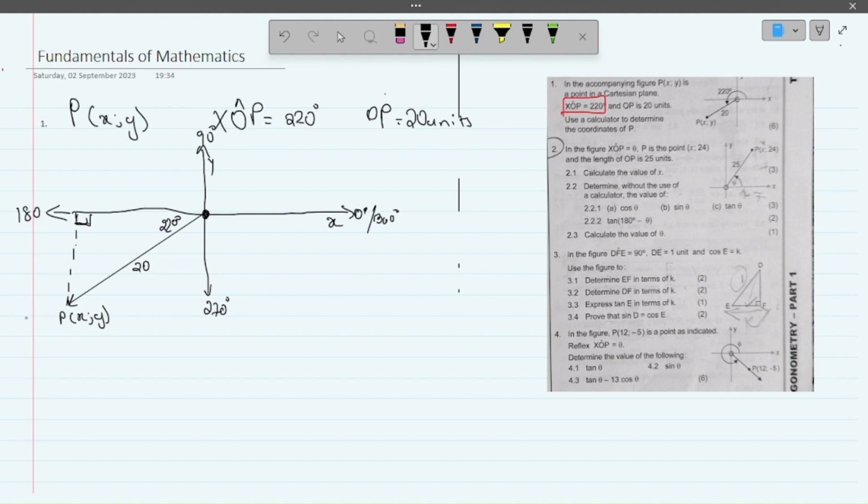So how do we find the coordinates of P? Let's first look for x.